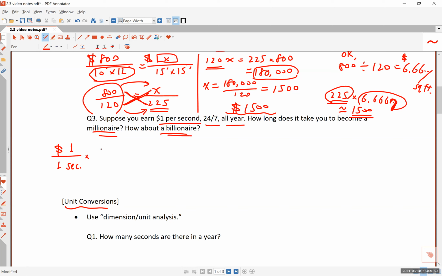Let's see how much he's making per day. So $1 per second. And the idea is to multiply these by a bunch of things that represent ones. What do I mean by 1? Well, 60 seconds is 1 minute, right? So 60 seconds over 1 minute turns out to be exactly the same as 1, because the top and the bottom are the same quantity of time, 60 seconds and 1 minute.